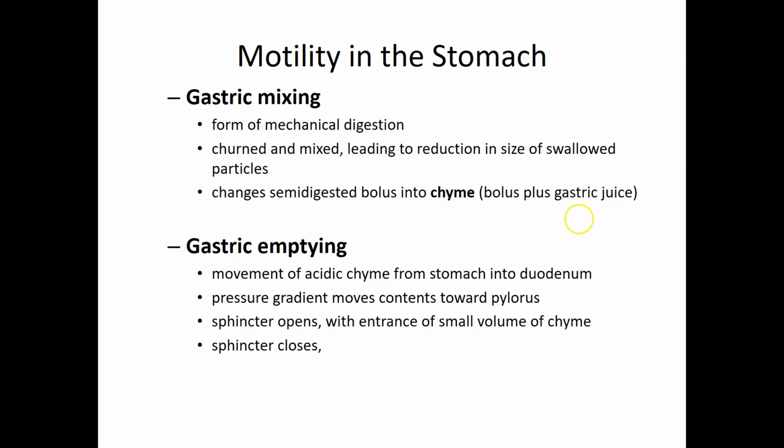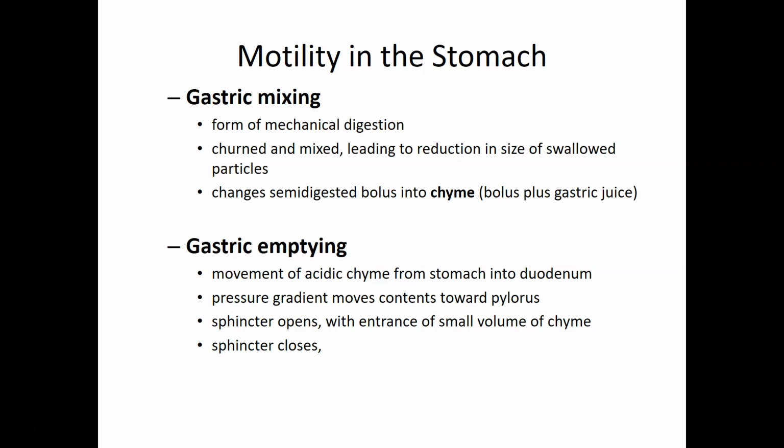Gastric emptying is more about motility, and that's, if you eat a large meal, it's stored in the stomach, and small amounts of that, what's stored in the stomach, are allowed to progress through the pyloric sphincter. And that's because of the movement and the shape of the stomach.